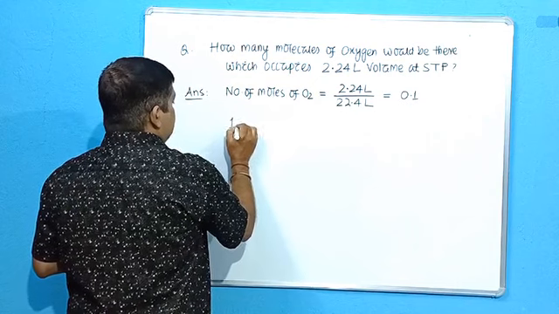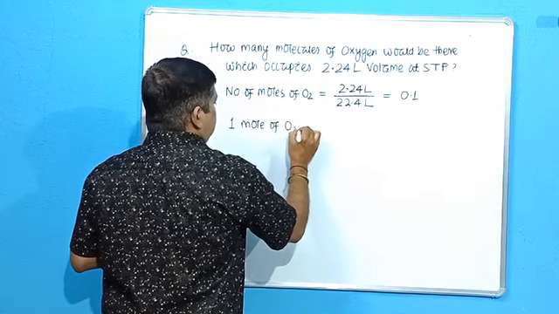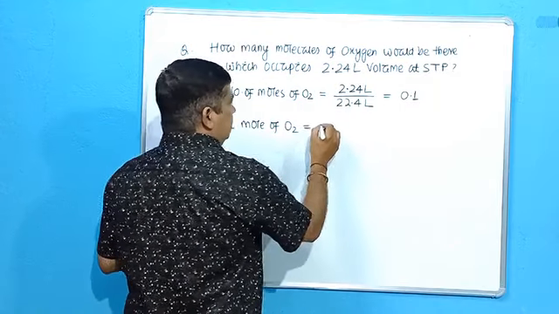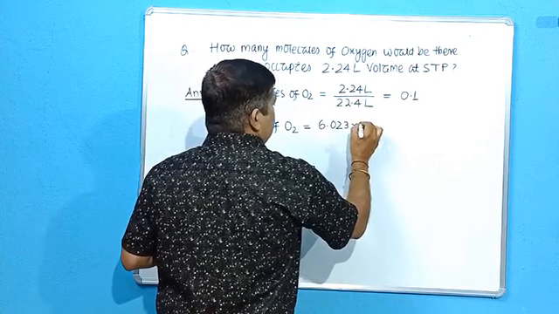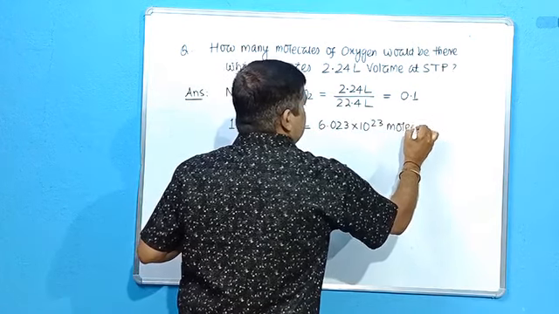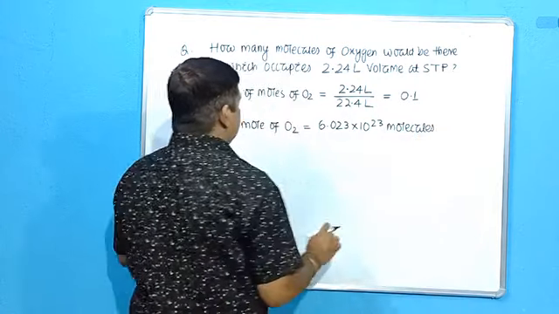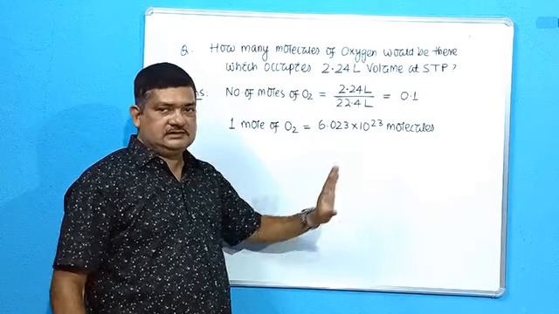We know that 1 mole of O2 contains 6.023 into 10 to the power 23 molecules. That is the definition of mole. So 1 mole of any substance will contain Avogadro number of molecules.